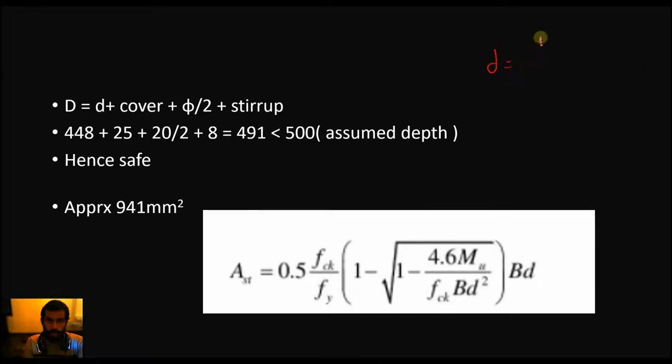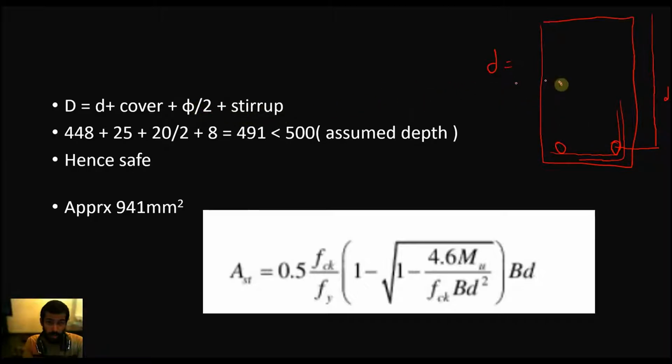Let's see what the small d is. That is the distance from the top of the beam to the rebar. The bottom bar will be right here, and after the bottom bar you'll have stirrups, then the cover. d is the distance from the top of the beam to the center of the main bar.